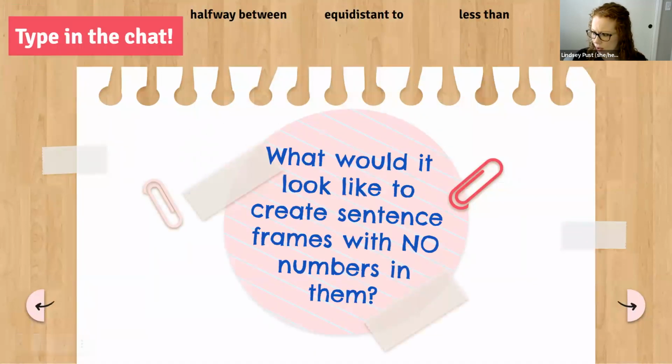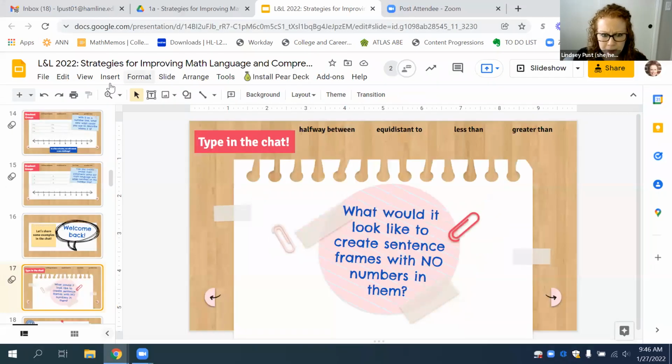So the next question I have is, what would it look like to create sentence frames with no numbers in them? So we're not going to look at them, we're going to create them. A sentence frame for each of these vocabulary words. How could I write a sentence frame with blanks in them? No numbers. What would it look like for us to do halfway between?